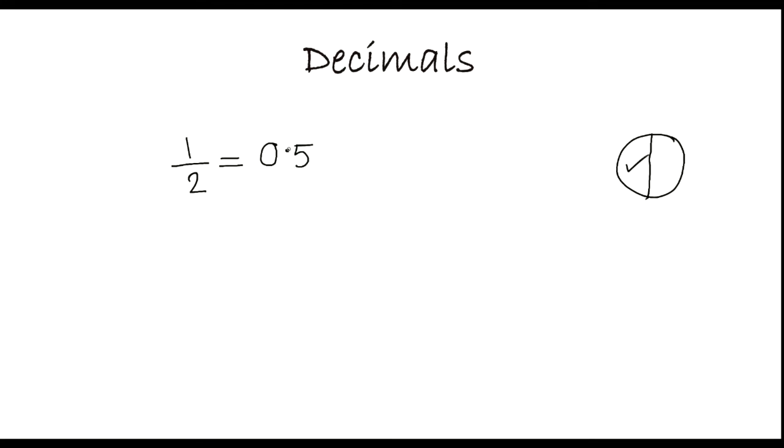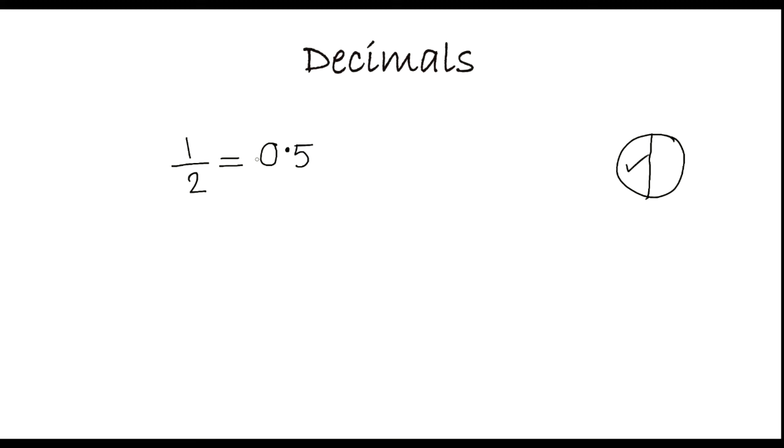Here, this is the decimal point, and before the decimal point, this is the whole number and this is the part. The whole number here is 0 because we don't have any other whole thing here. We just have half of a whole thing.